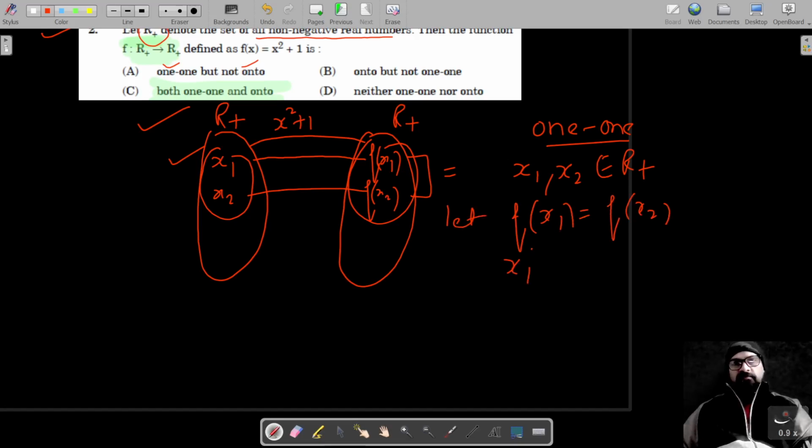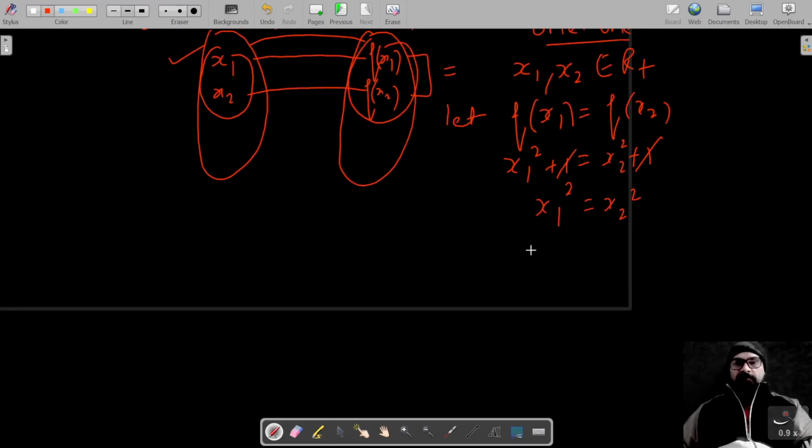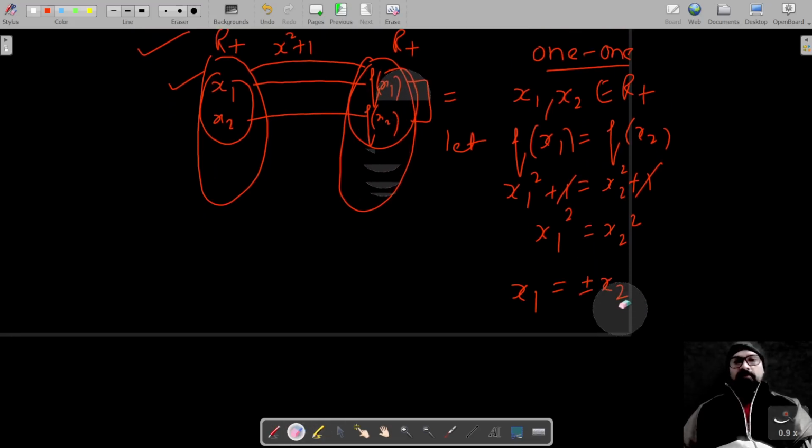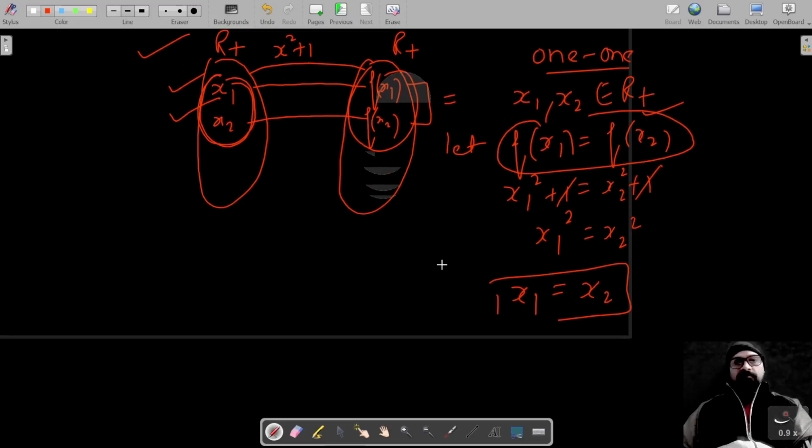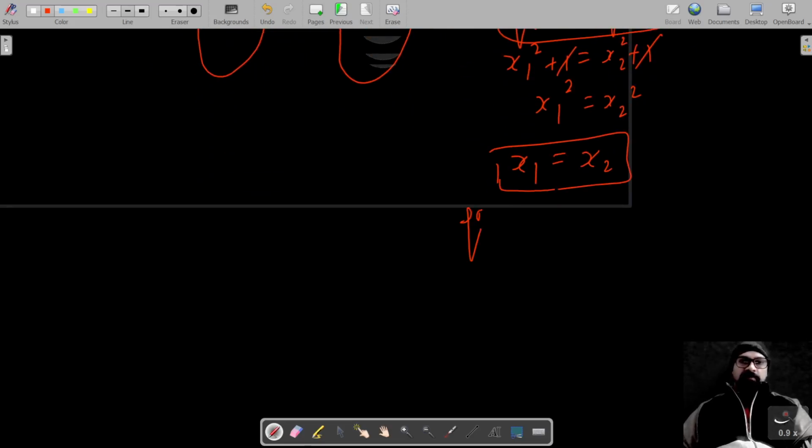This gives x1 squared plus 1 equals x2 squared plus 1. The 1 gets cancelled. Now x1 squared is equal to x2 squared, which gives x1 equal to plus or minus x2, but we have to take only the positive number, so x1 is equal to x2. So if the images are the same, then the x values are also the same, which gives us that the function is one-one.